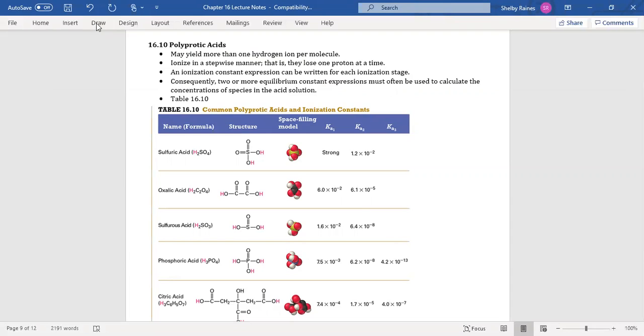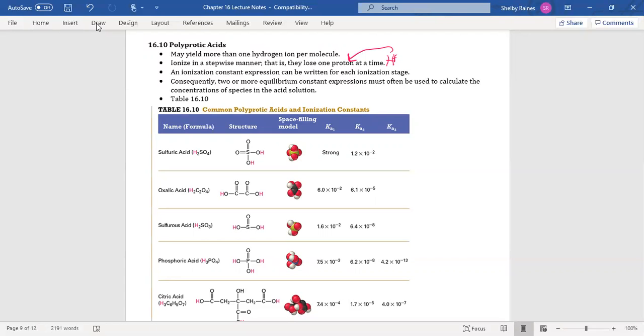So when they ionize, it ionizes in a stepwise manner. That is, they lose one proton or hydrogen at a time. That's H plus. Okay. So an ionization constant expression can be written for each ionization step.